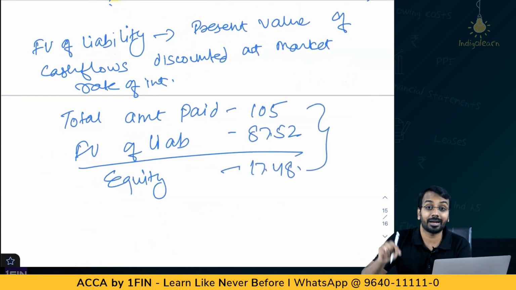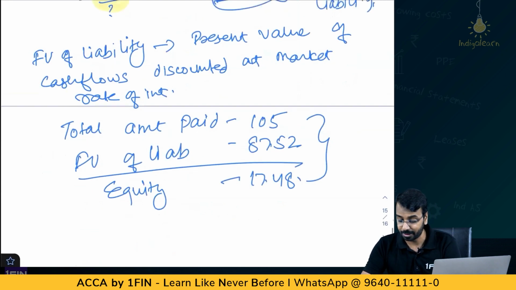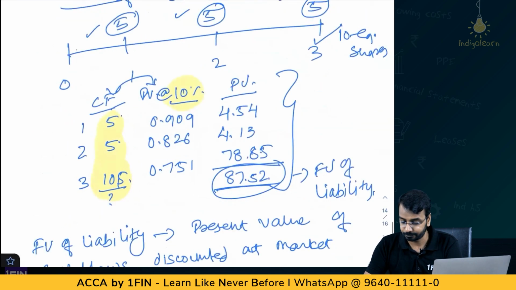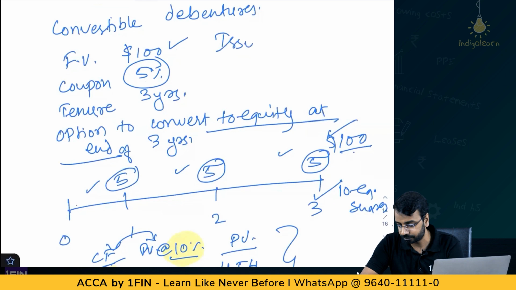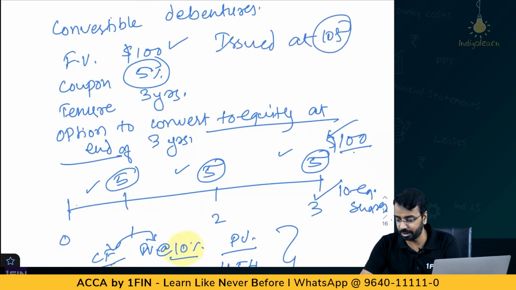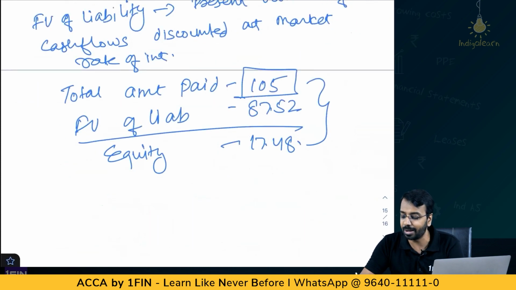Please remember, we are accounting this in the books of the issuer. We are not accounting this in the books of the investor. For the investor, it is an asset. So here what I am assuming is, this is issued at 105. If it is issued at 105, the total amount received is 105.